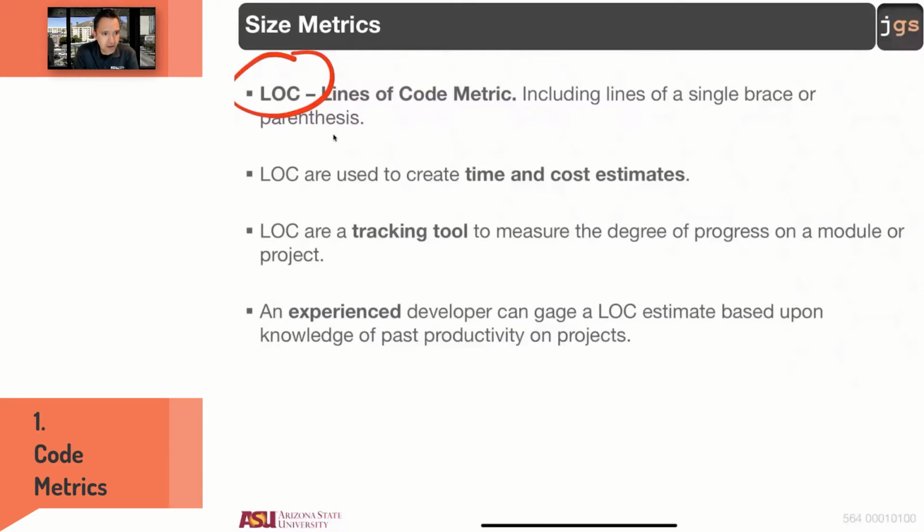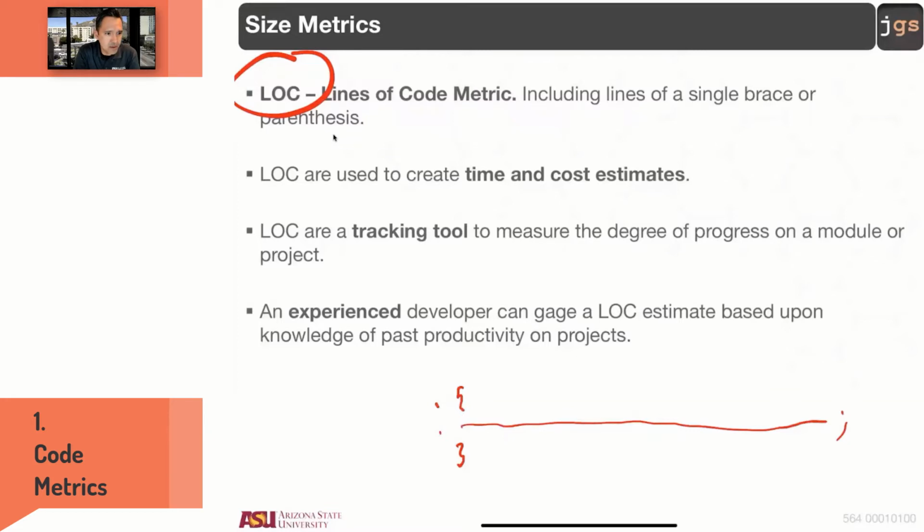It doesn't matter what is the line. If you have a curly bracket alone, that is 1 line, period. If you have a complex instruction here, that is 1 line. And this is one, and this is one, doesn't matter the complexity or the number of characters or whatever. You are just counting the lines of code.